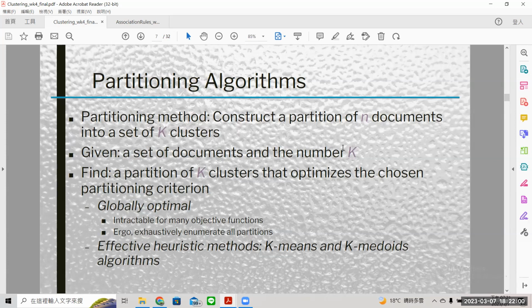So you must prepare this in advance, before clustering. Then what do you get? You will find a partition of k clusters that optimizes the chosen partitioning criterion, and the normal criterion we use is about distance.